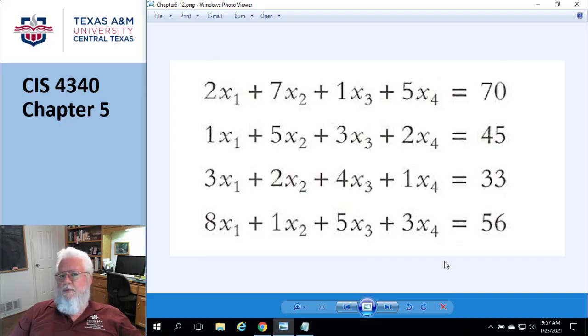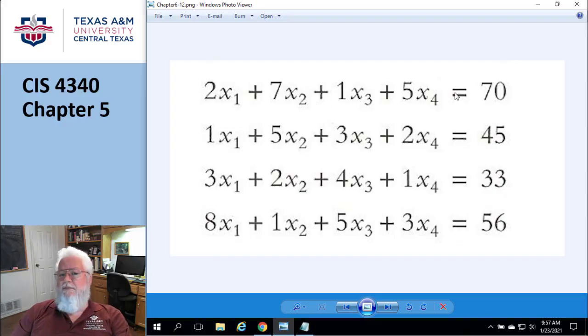So in other words, there's 4 values here I'm hunting for. I want to solve this equation for whatever x1 is, because it's being used 4 times. Whatever x2 is, it's being used 4 times. And so I actually know the answer. The answer on the first one is 70. So no one's asking you to solve for the answer, because I already told you what the answer is. What we're trying to say is, what is the value of x1? And then what is the value of x2? And what is the value of x3?